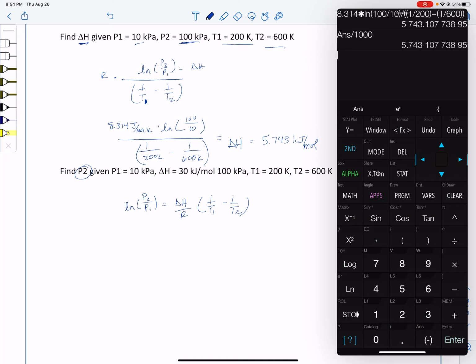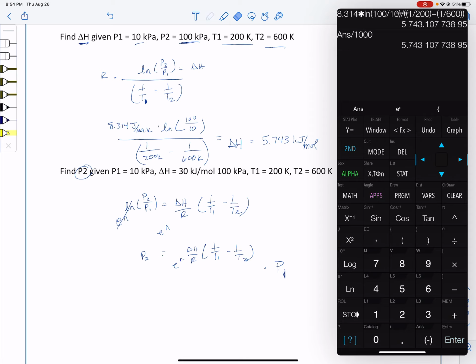And then if I'm going to do this all right, it's going to need to be e raised to both sides so that I get P2 over P1 equals e raised to the delta H over R times 1 over T1 minus 1 over T2. And then I need this P over on the other side. It needs to make sure it does not show up in the exponent region, so the whole thing times P1.